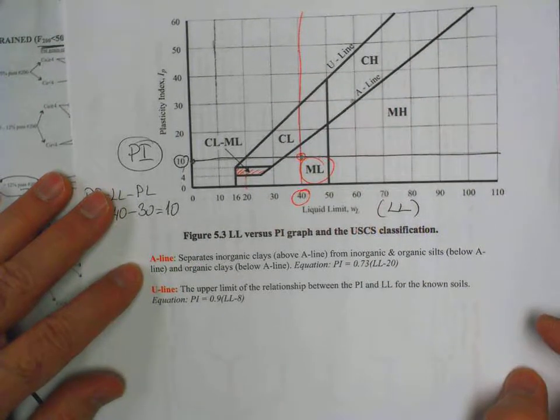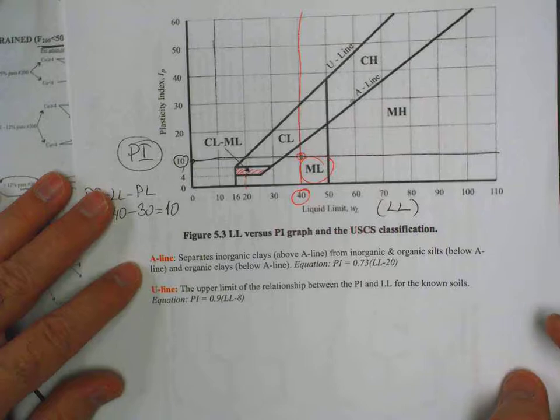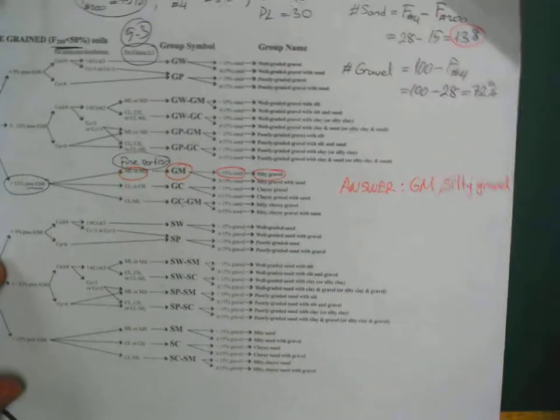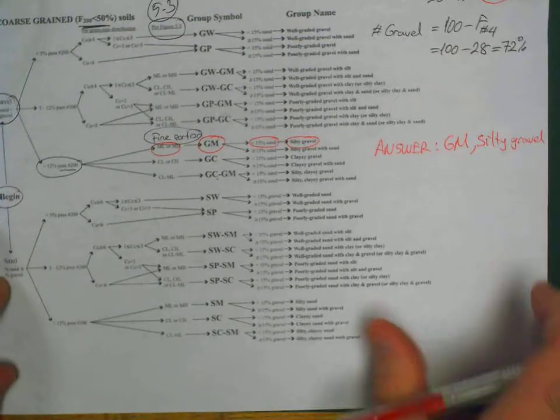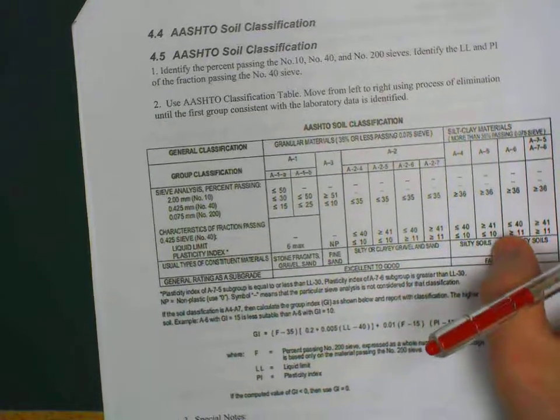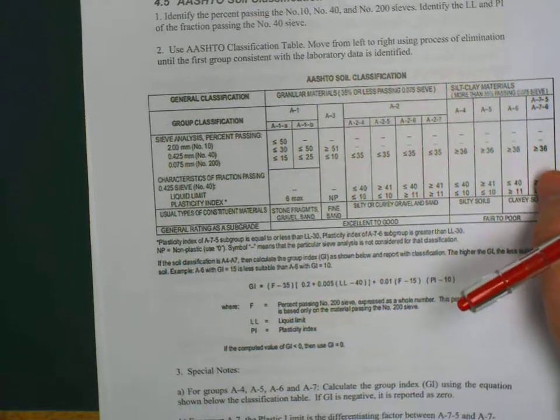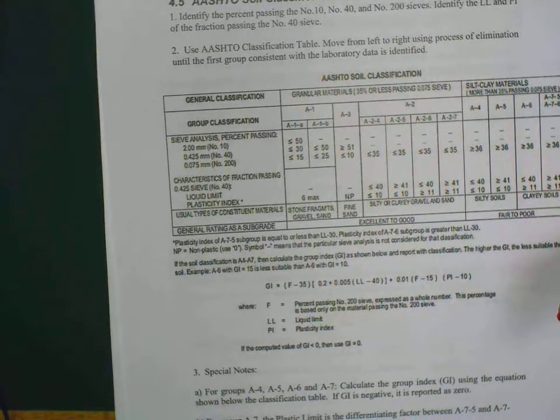Any other questions? Okay. So these are pretty straightforward subjects, so I'm going to move on. As I said, all you need is liquid limit, plastic limit, CU, CC.